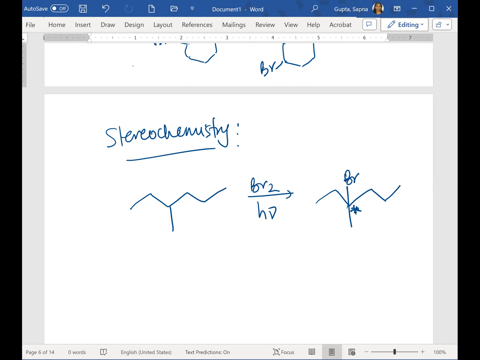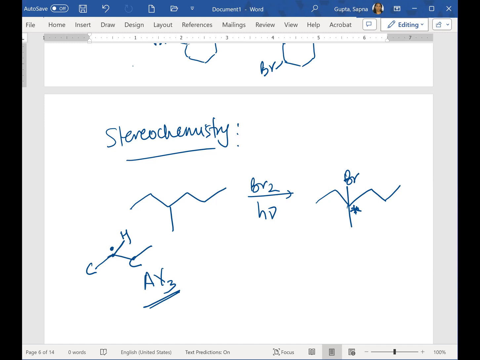When you look at a radical, so if you have a radical here, this is hydrogen here, this is carbon, which means this is more like an AX3 kind of geometry. AX3 means trigonal planar. So if it's trigonal planar, the bromine radical can come from either side, because it's a plane.